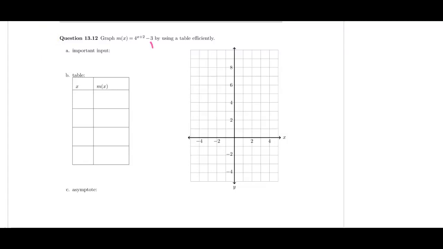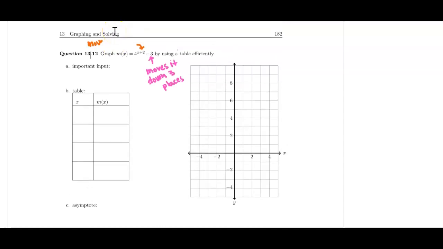But I'm going to write in here, just to help you remember, that this is moving it down three places, where this other part, the part that was in the exponent, is moving it to the left 2 places. So there's a different meaning that comes from each of these.